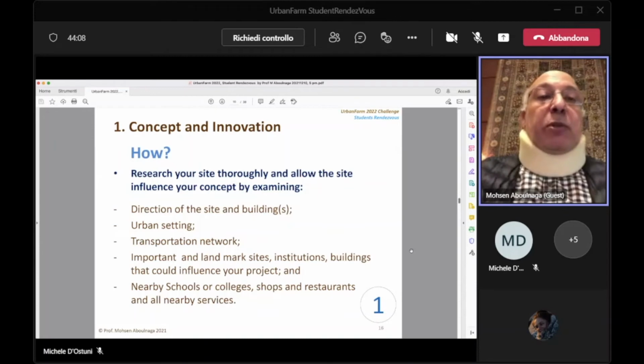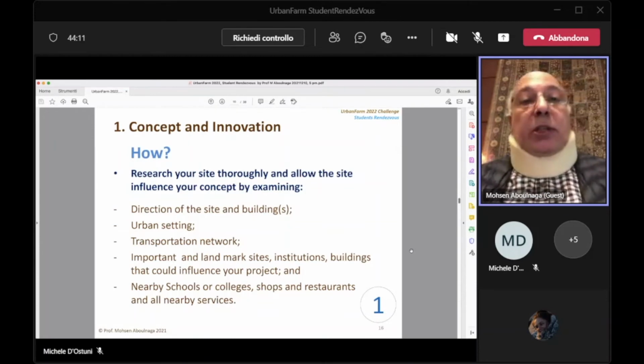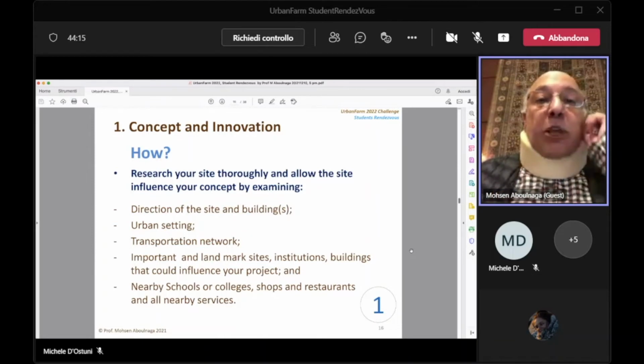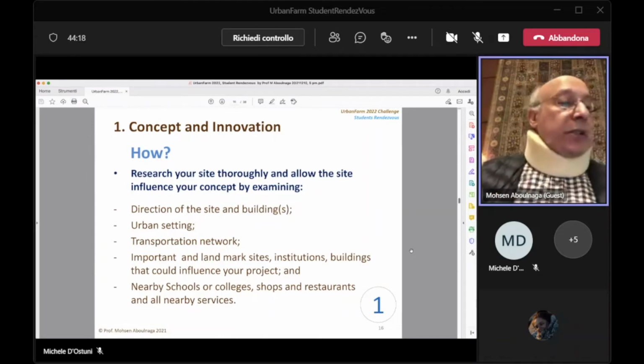You can provide fresh food to schools and colleges, and you can actually work out how your product would be sold to the shops and restaurants around you, and other services.